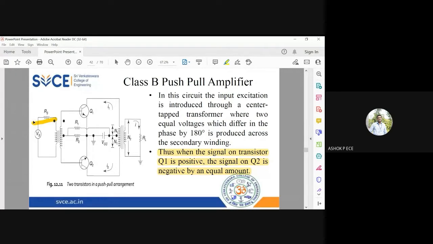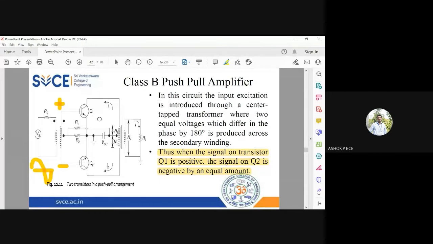This source is giving a sine wave. So when you provide a sine wave as input, the upper half of the transformer will be positive and the lower half negative, because in a center tap transformer you will have opposite polarity on both ends. During the positive half cycle, the base of Q1 will be positive and the base of Q2 will be negative.